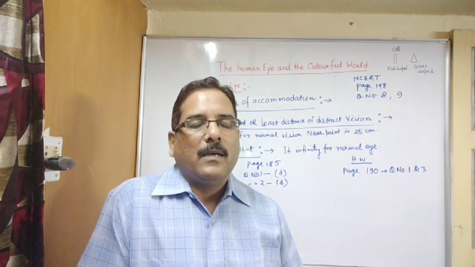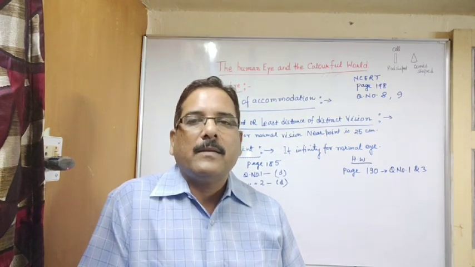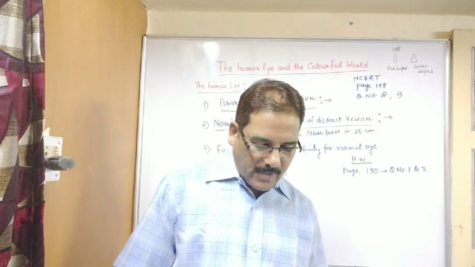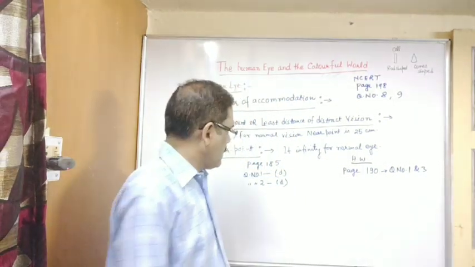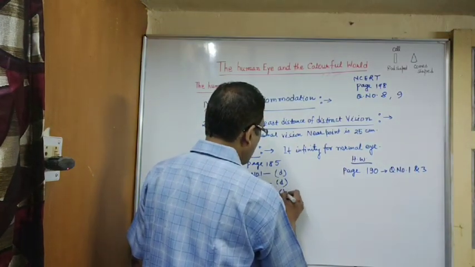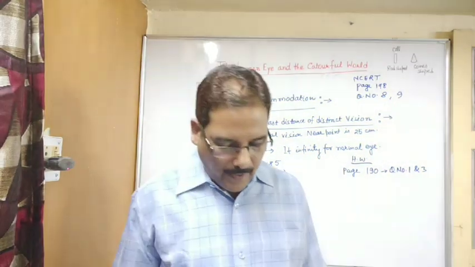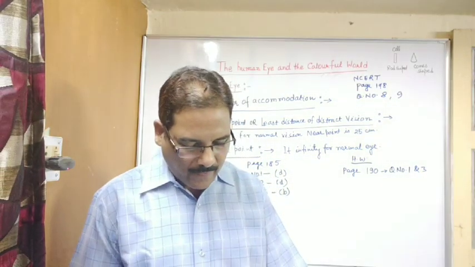Whether it is in case of mirror or in case of a lens, when the object is at C, at center of curvature, and center of curvature is twice the focal length. So question number 3, B option is correct. At twice the focal length, it means at center of curvature.